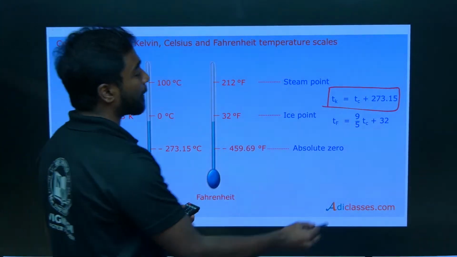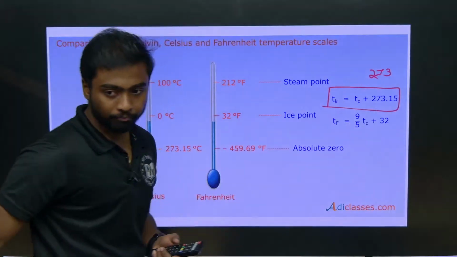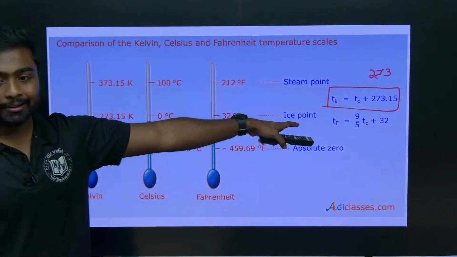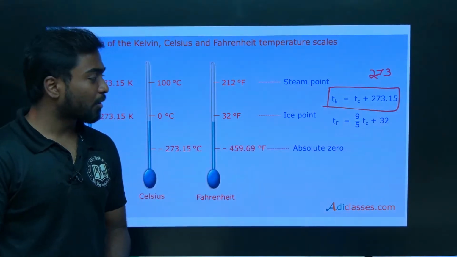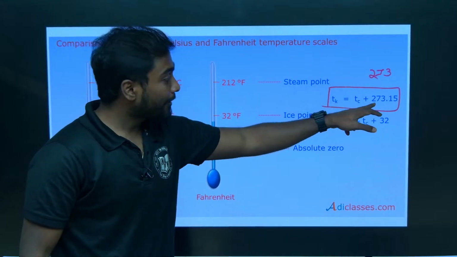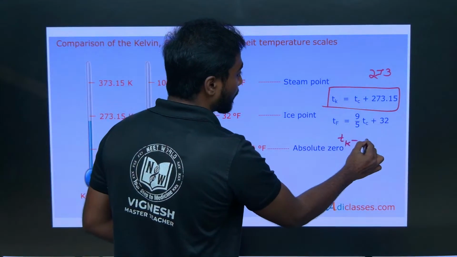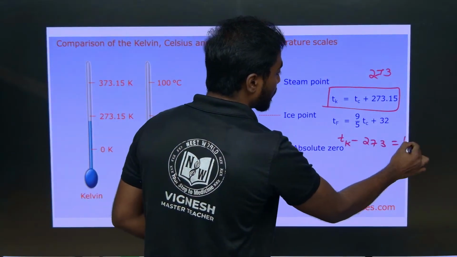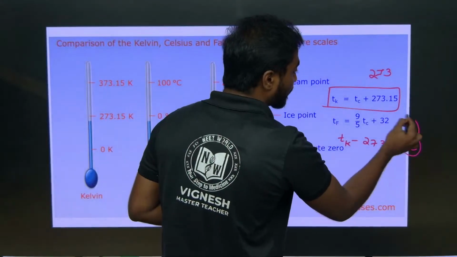You can take the value approximately as 273. And obviously we know the relation between Fahrenheit and Celsius. If they are asking for the relation between Fahrenheit and Kelvin, you can convert this: temperature in Kelvin minus 273 equals temperature in Celsius, and I can substitute this temperature in Celsius over here.